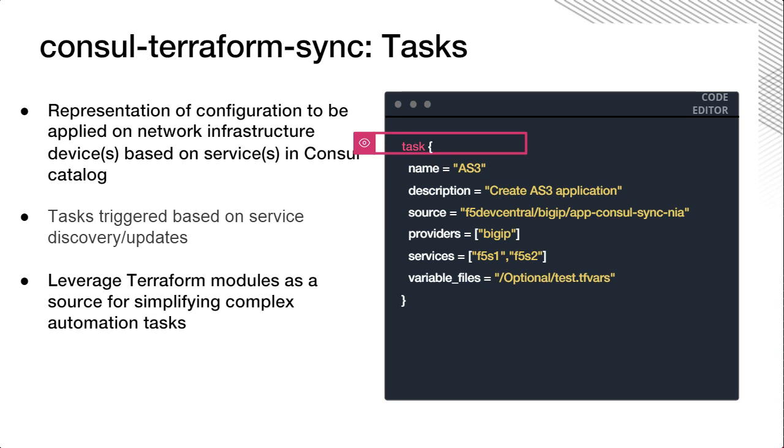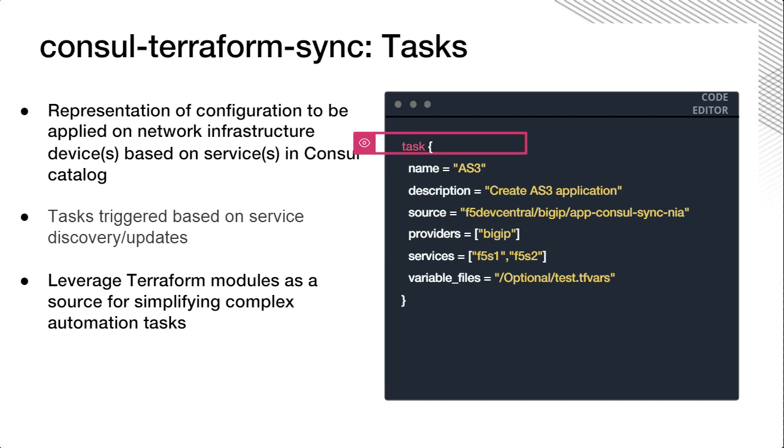Let's walk through what this code block is saying. I have an AS3 definition, and I need to create an AS3 application. There's a predefined module that already exists in the Terraform registry, thanks to our friends at F5 for writing it, that I'm going to pull directly from the registry and execute when something happens.